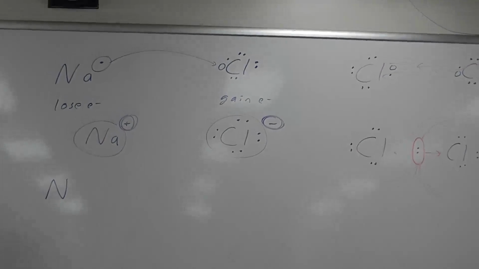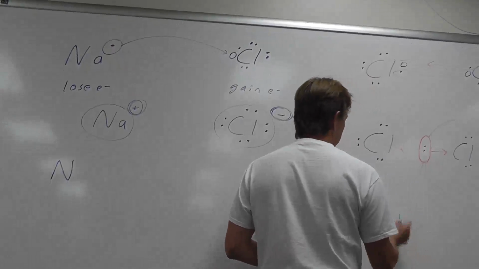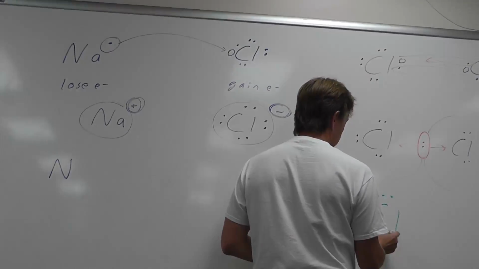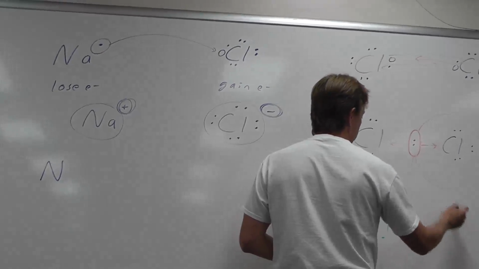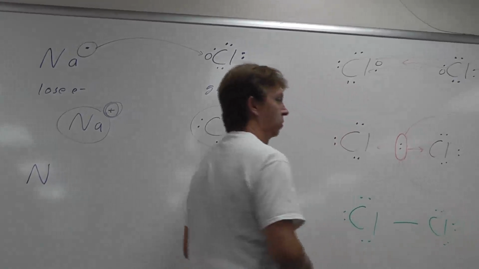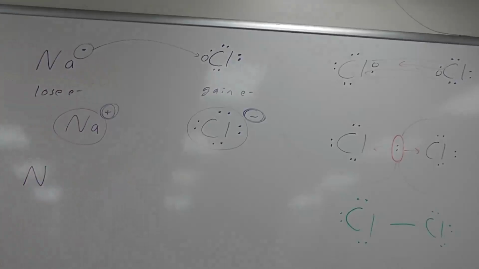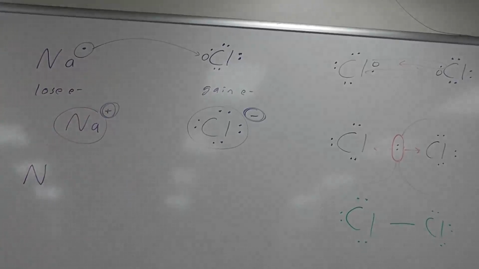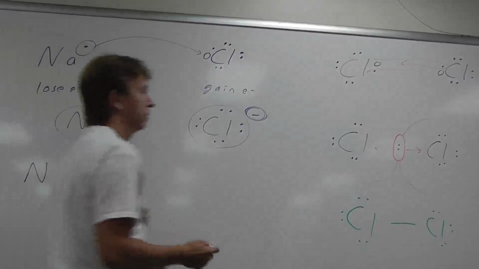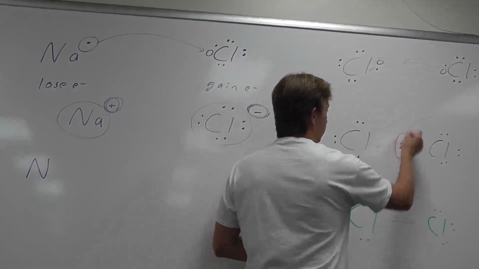Now, typically the way that's drawn is with a line. That line connecting the 2 chlorine atoms represents the pair of electrons that's involved in the sharing. This line is these 2 electrons.